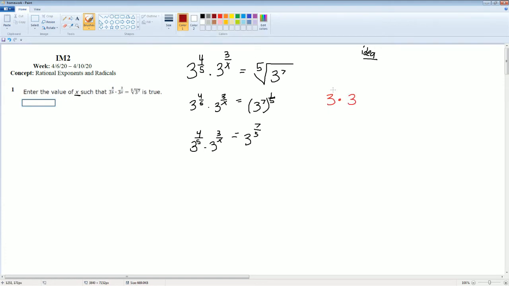When you multiply powers with the same base, let's say this is n and this is m, the exponents, they what? Add. So this becomes n plus m. In this case, these two will add. It should look something like this: 3, which is the base, to the 4/5 added to 3 over x, all equal to this. Let's take a look at how that will actually look.